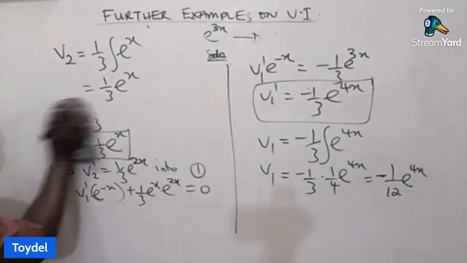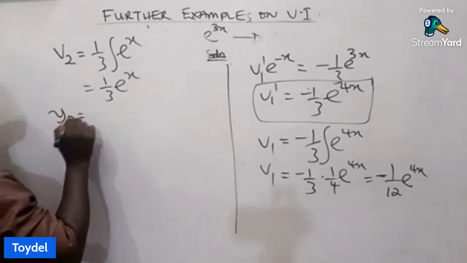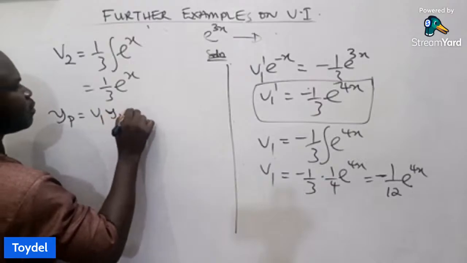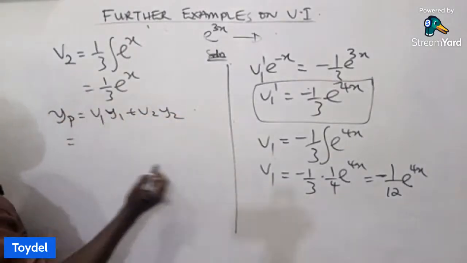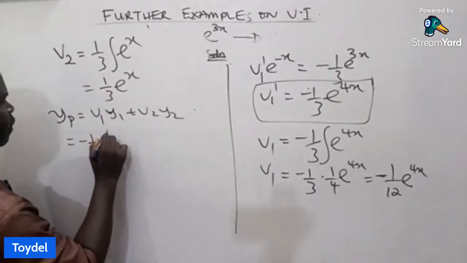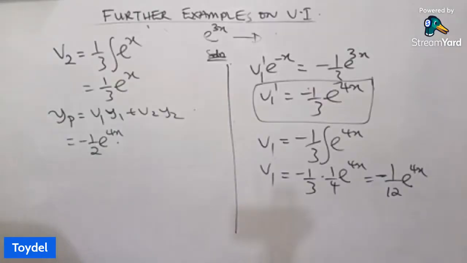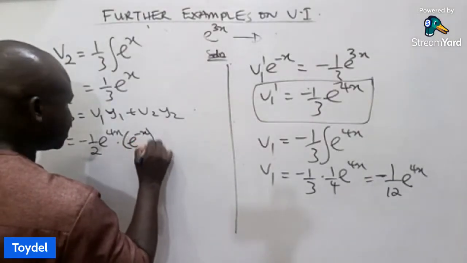So finally, the particular solution is given as V1 y1 plus V2 y2. So what is V1? V1 is given as minus 1 over 12 exponential 4x multiplied by y1. We know y1 to be equal to e to the minus x.